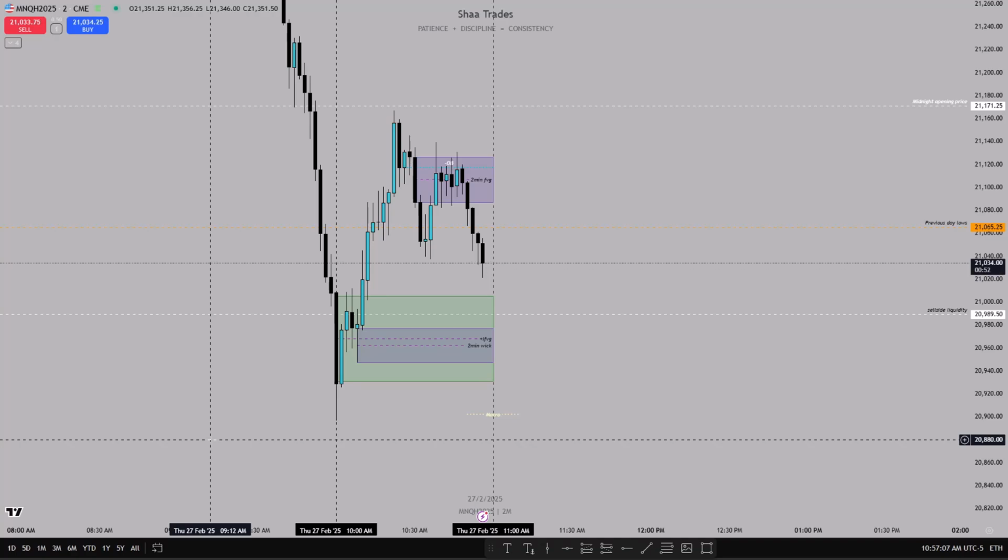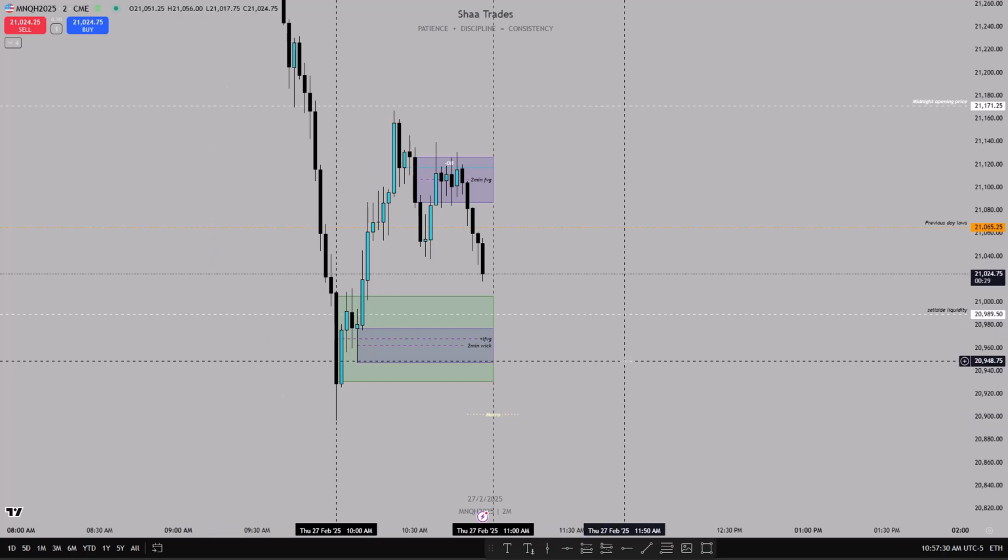I can't trade it live at the moment because of work-life balance. So we'll see, but I want to start doing these live because I feel like I could help someone who's looking to trade.